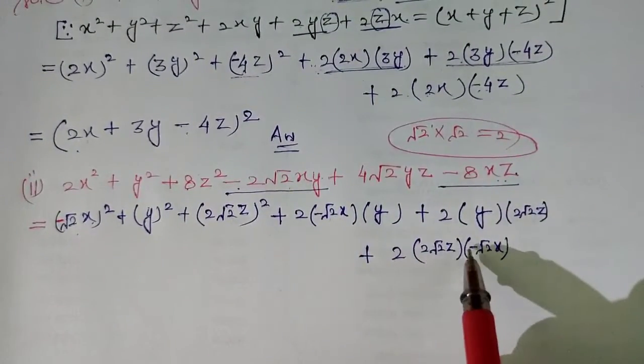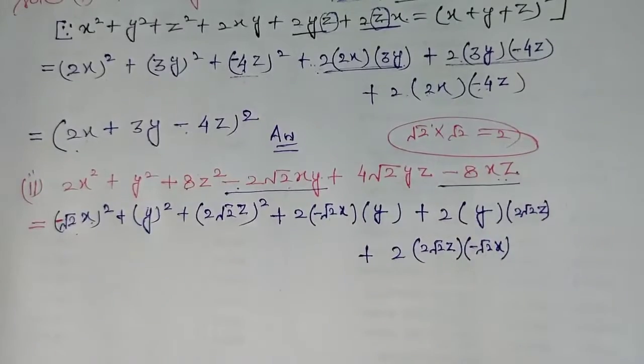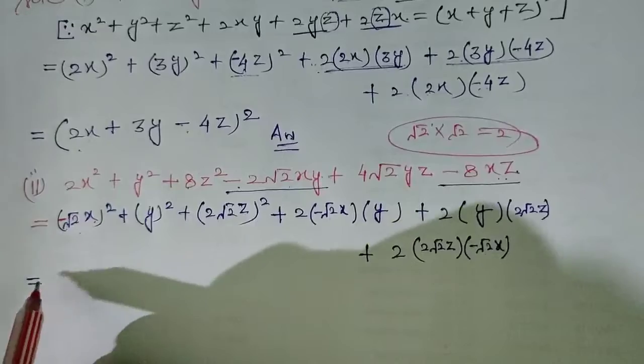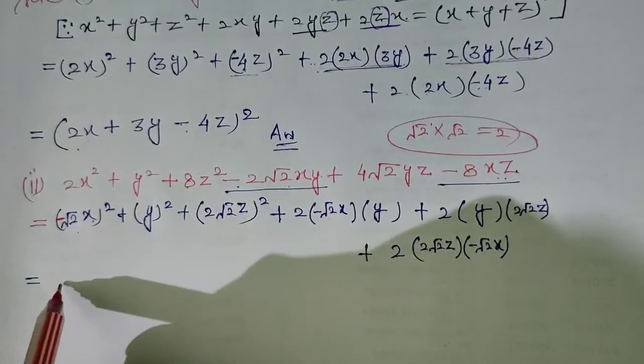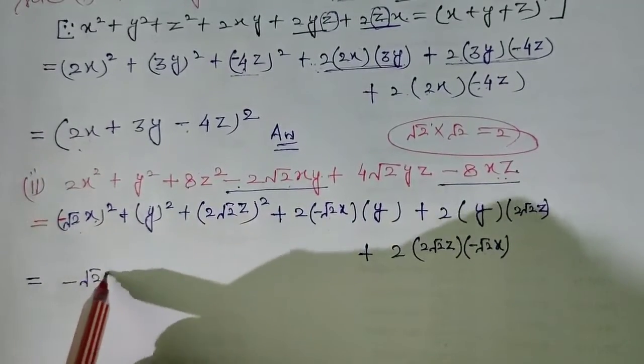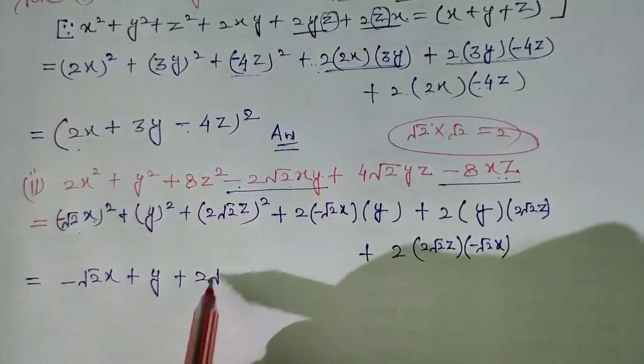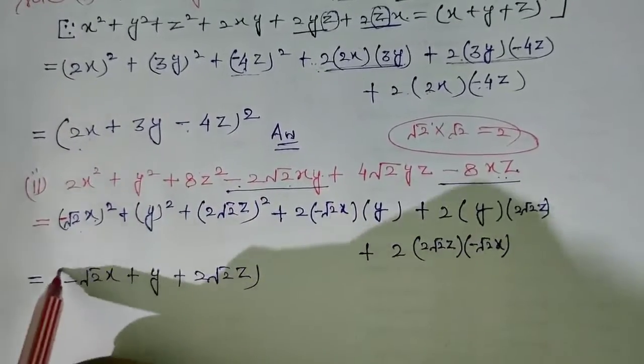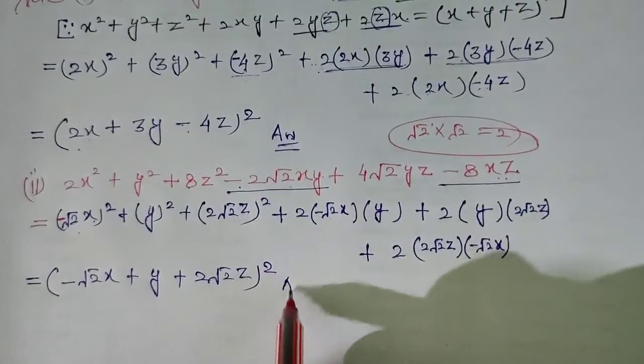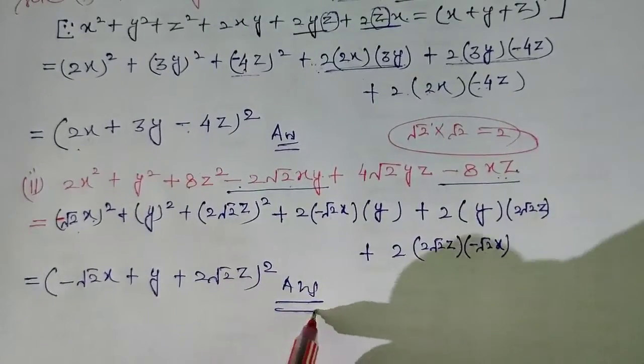So it is minus 8xz, it is also there. Now we will apply the formula and we directly say minus under root 2x plus y plus 2 root 2 z whole square. This is the final answer.